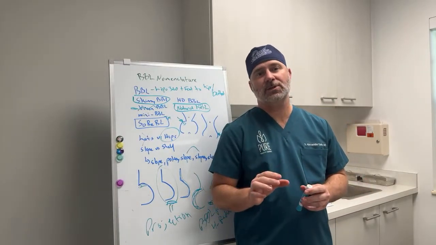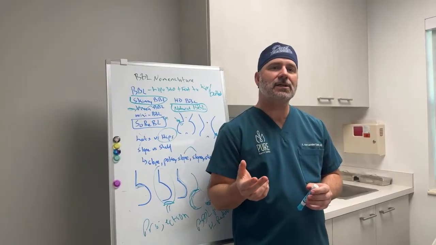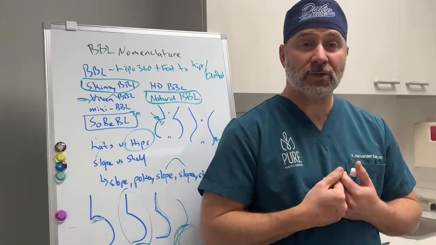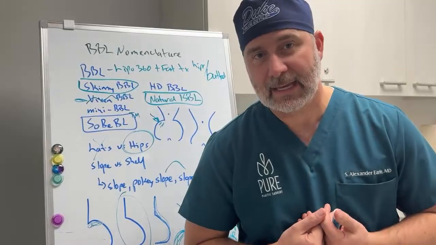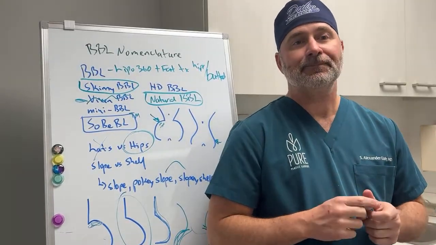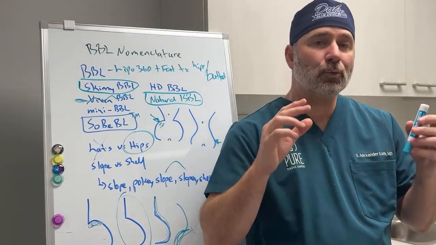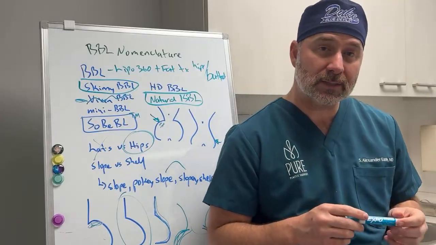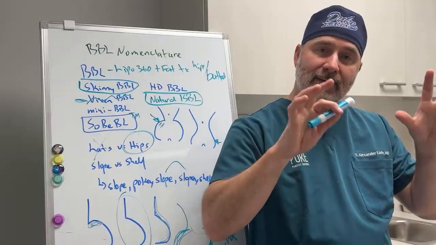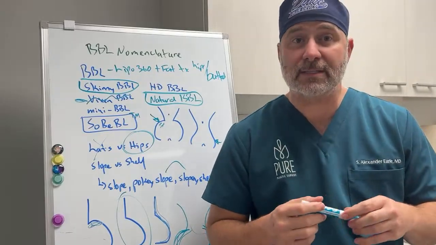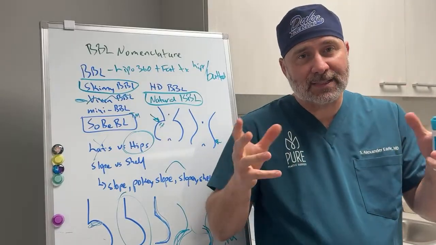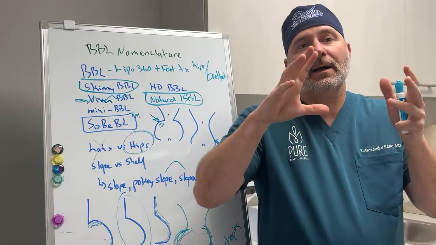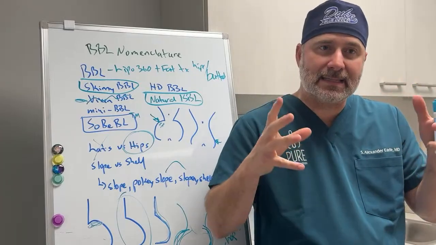Actually, very few surgeons do it because there can be challenging cases, and we are one of the few surgeons in the entire United States that will actually do this. We call it a BBL reshaping plus or minus reduction if you need certain areas reduced, such as your hips or your buttock if it has too much projection, or if it just doesn't look natural. It looks like it doesn't belong. It's not smooth with your thighs and everything else, right?